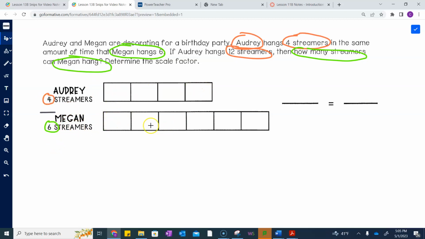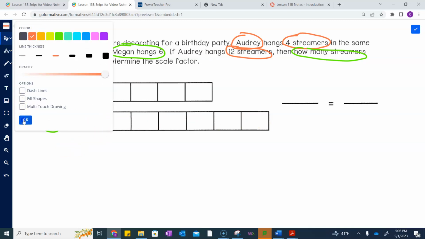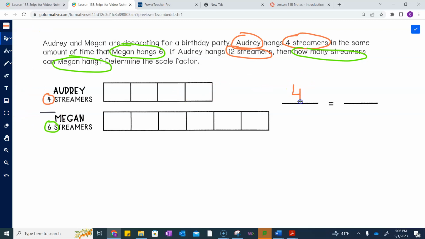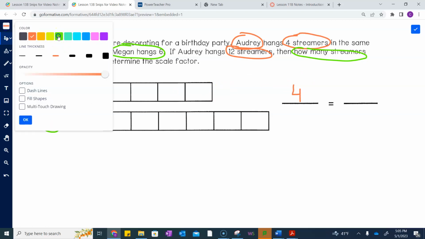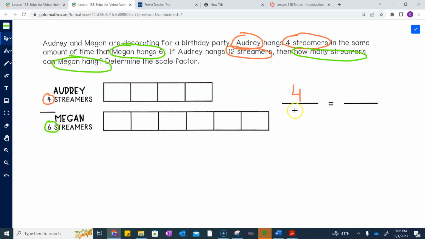So looking at this diagram, this is called a tape diagram. We use a diagram to represent the 4 streamers that Audrey is hanging, and then we use this to represent the 6 streamers. So that's our original ratio. It's 4 to 6. So I'm going to express it as a fraction.